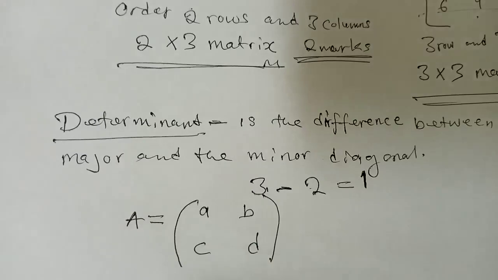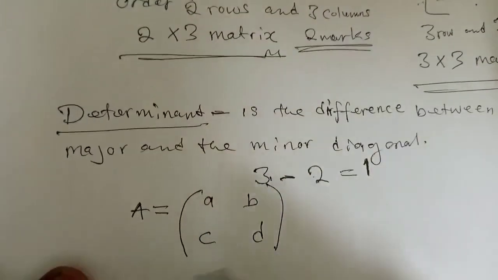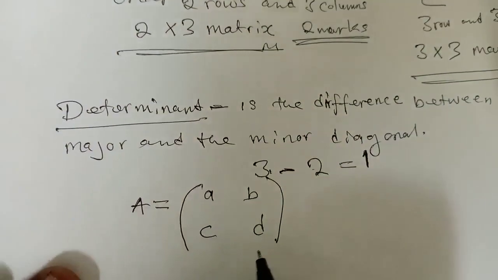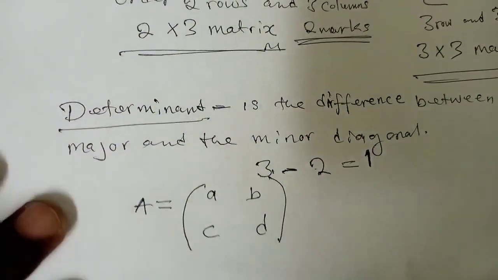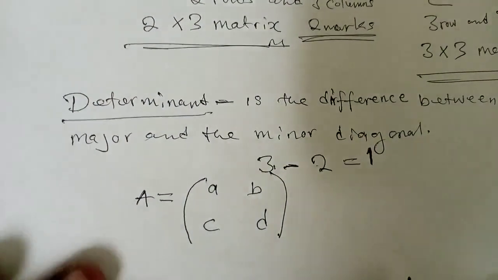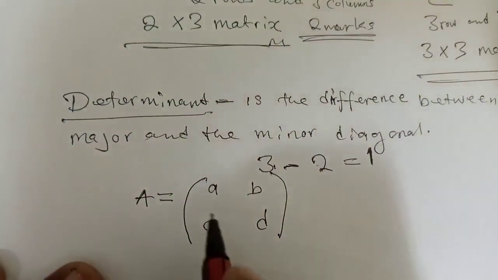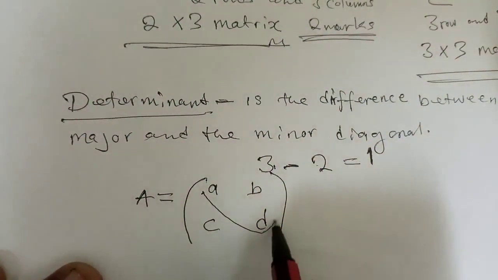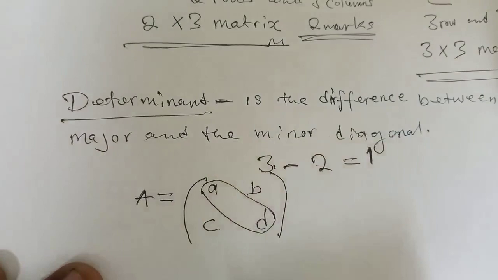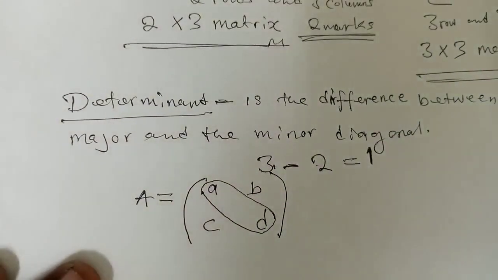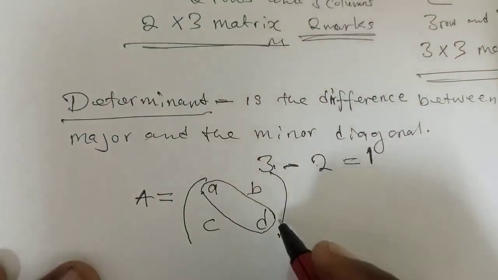So you need to know now which one is the major diagonal and which one is the minor diagonal. The major diagonal is this part.